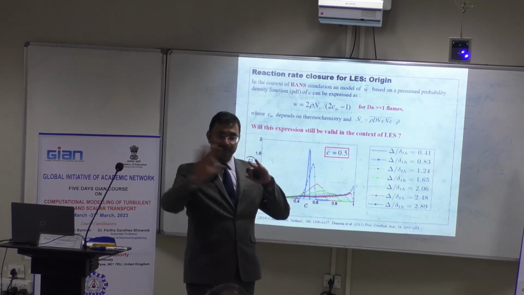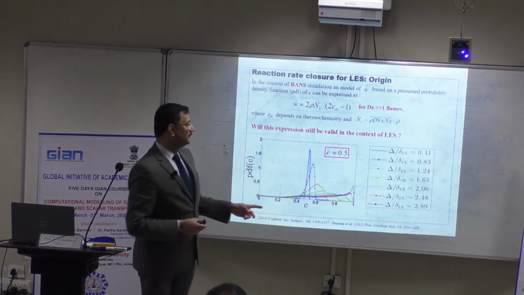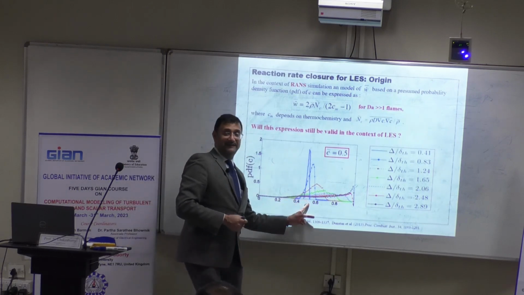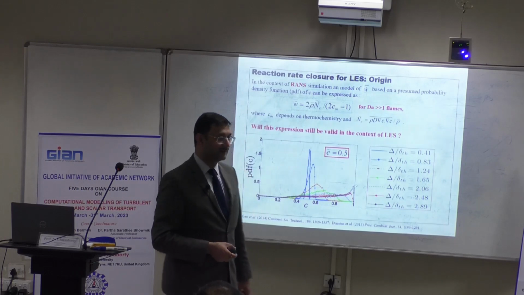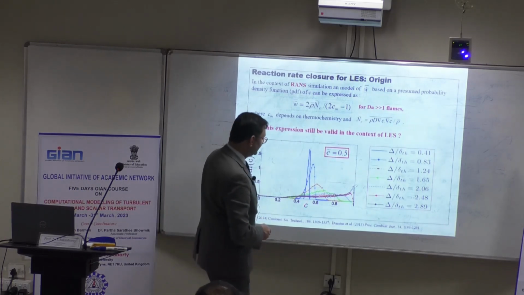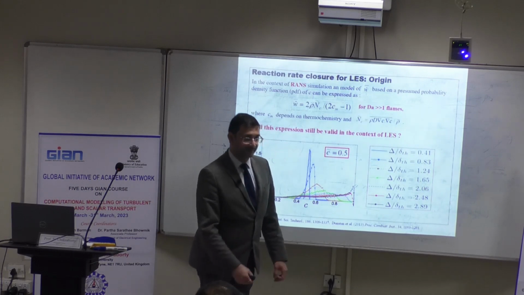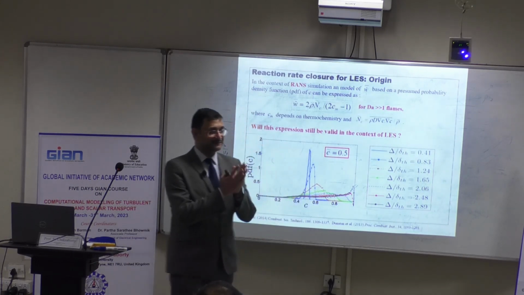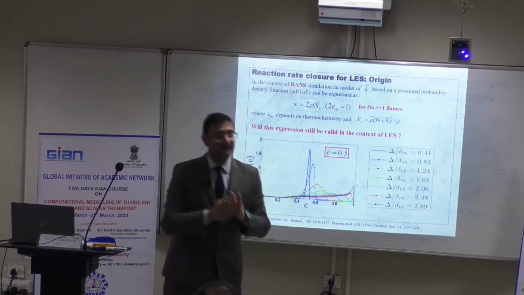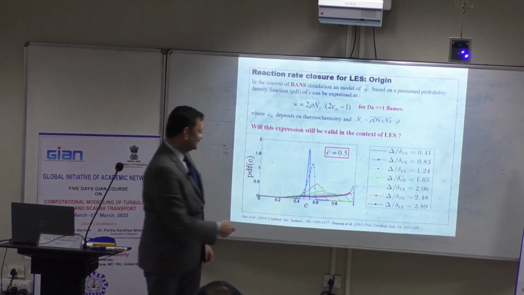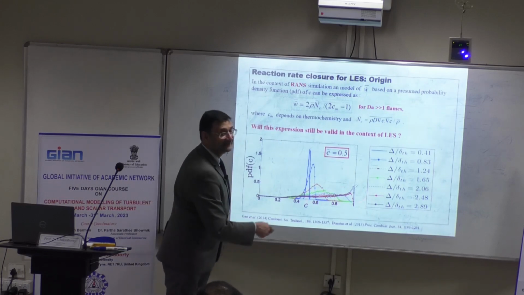So it's a smudging operation. For small filter width, essentially you get a delta function kind of thing. So at C tilde equal to 0.5, you will get only samples of C equal to 0.5. A small filter width means you are going to the DNS limit. As you go for larger filter width, the probability of finding C not equal to C tilde increases.